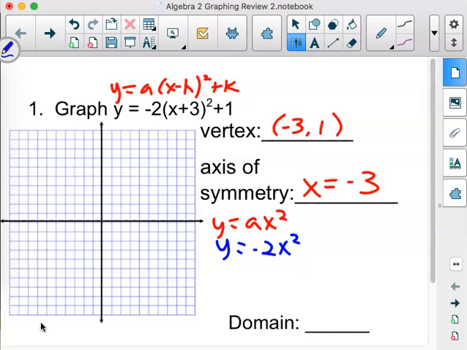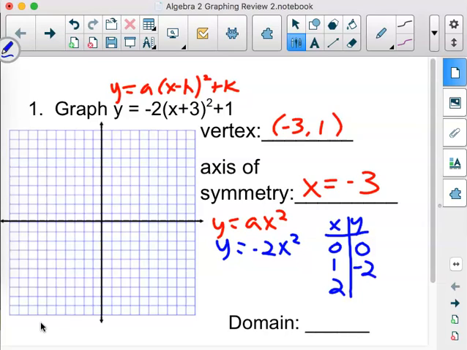So I'm just going to find a few nice points and use symmetry and graph that as my parent function. So I'm thinking 0, 1, 2 might be nice numbers. So if I put 0 in here, 0 squared is 0. 0 times -2 is 0. Put a 1 in. 1 squared is 1. 1 times -2 is -2.